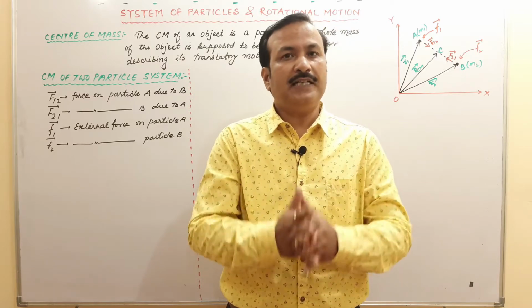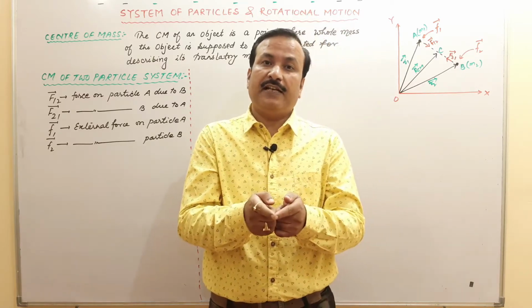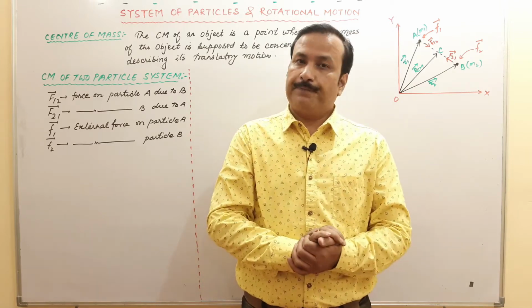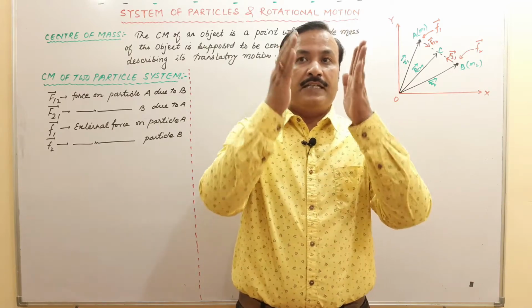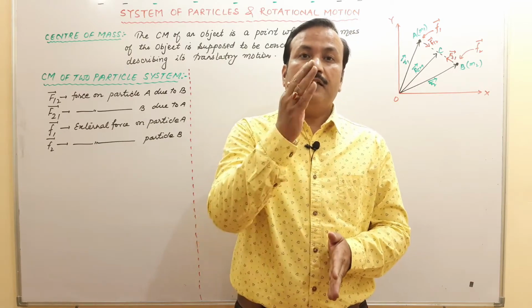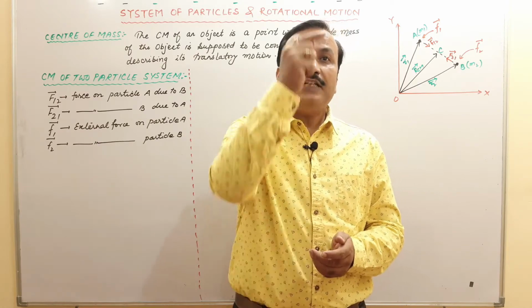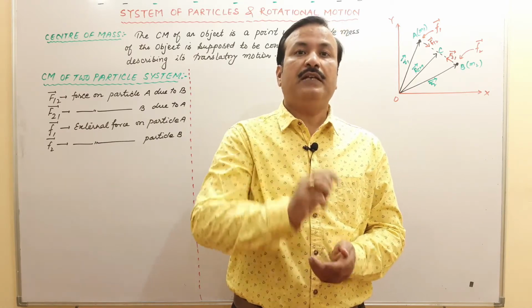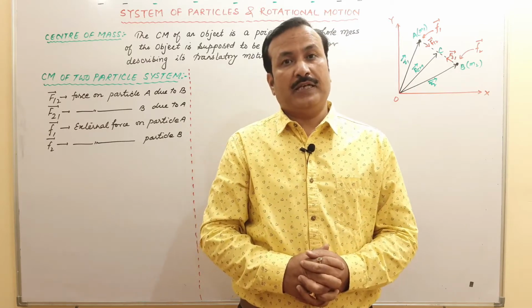No mass is present there, but we assume it is concentrated there. It is the center, right? When we consider a cylinder, the center of mass will be at the center of its geometrical axis. So this is all about center of mass.